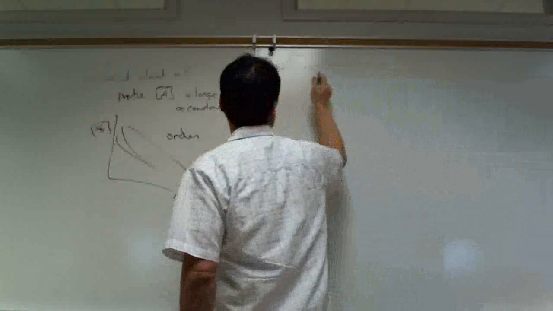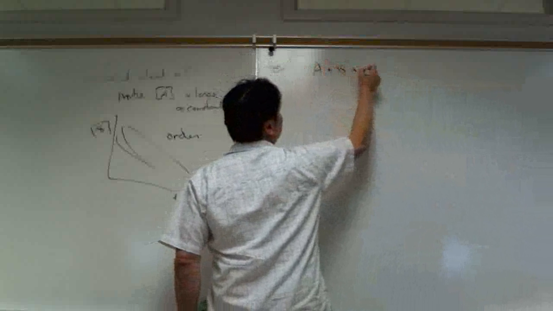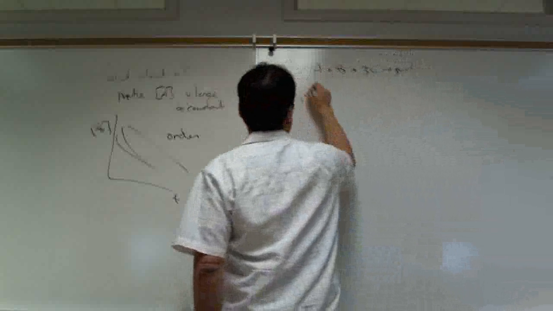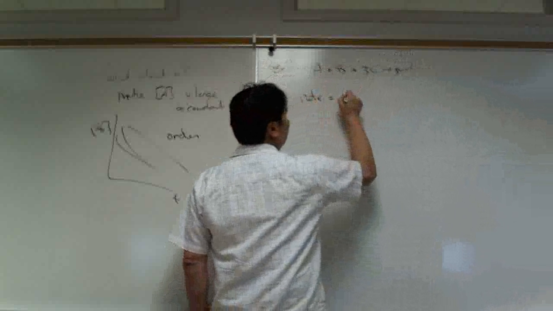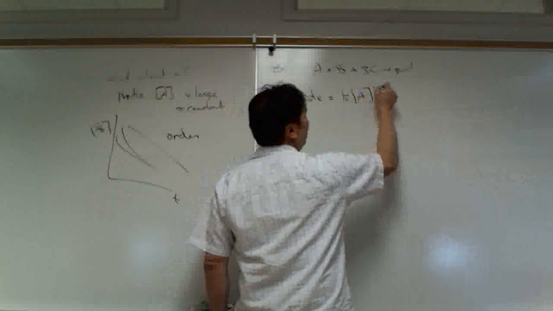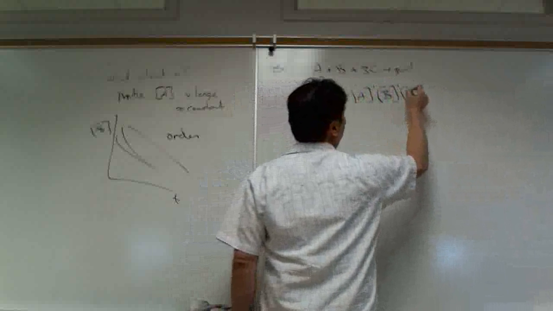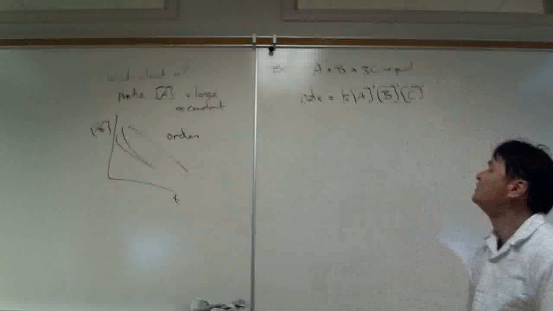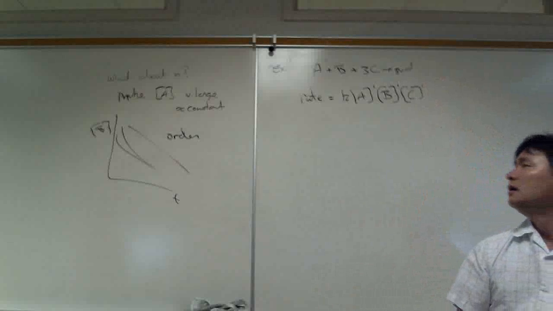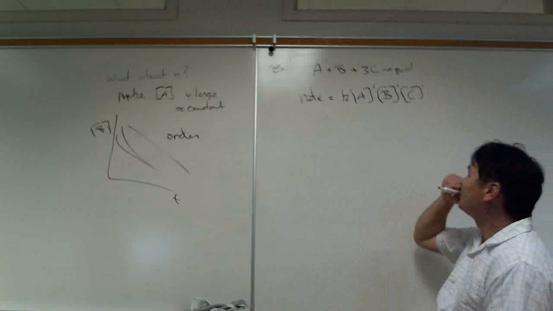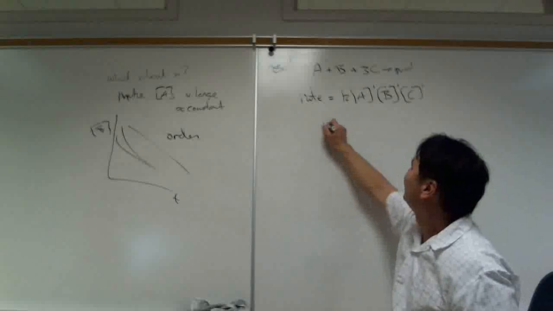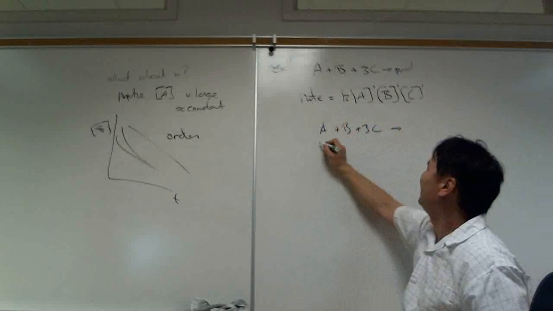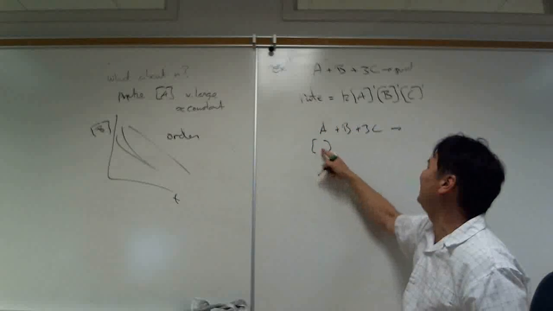Let's say we did this for a more complicated reaction. Let's say we had A plus B plus 3C going to product. And then let's say we determined the rate law: it's first order in A, first order in B, and first order in C. Now during a normal reaction, let's say I cut A in half.